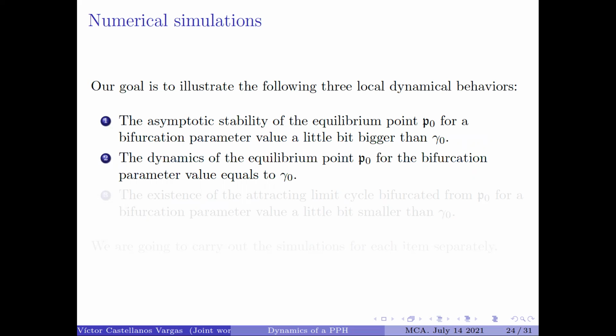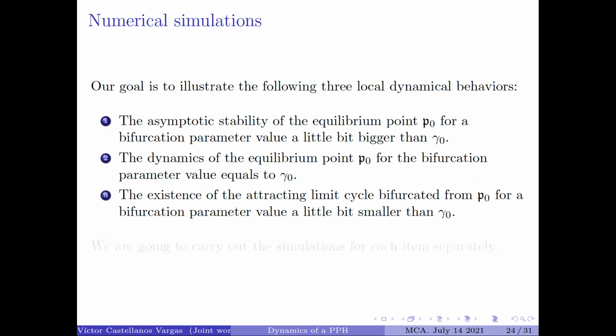The next is the dynamic of the equilibrium point P0 for the bifurcation parameter value equal to gamma 0. And the third is the existence of the attracting limit cycle bifurcated from P0 for a bifurcation parameter value a little bit smaller than gamma 0.